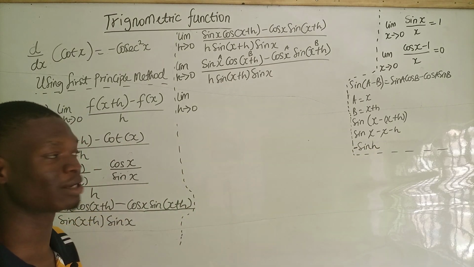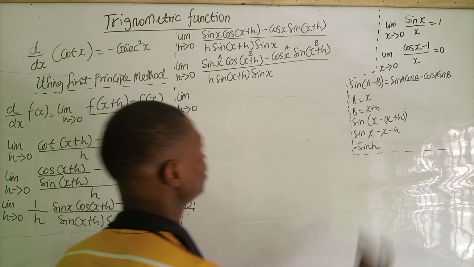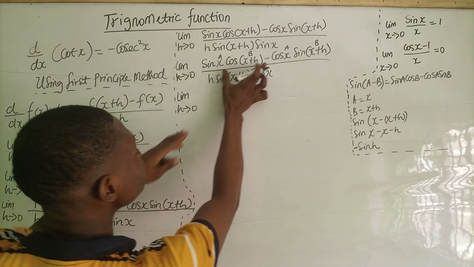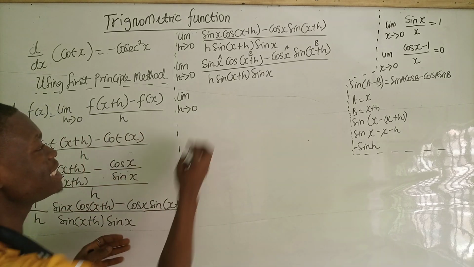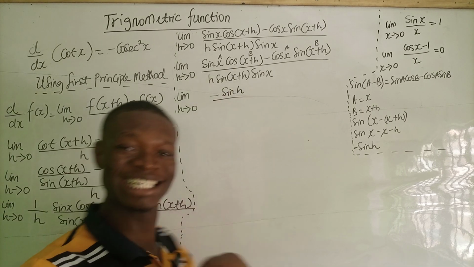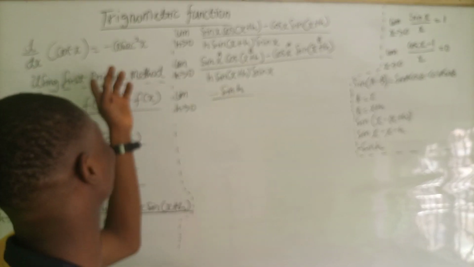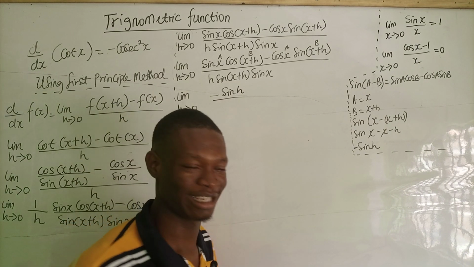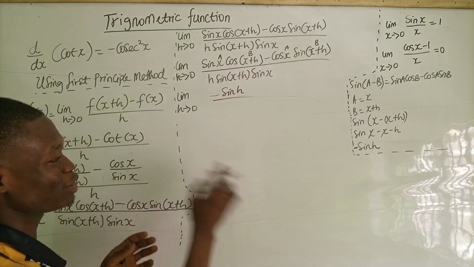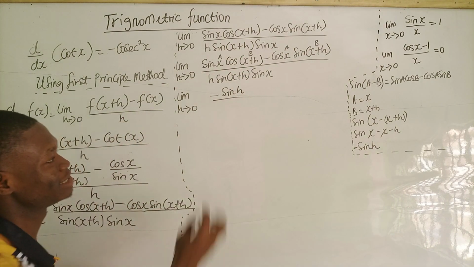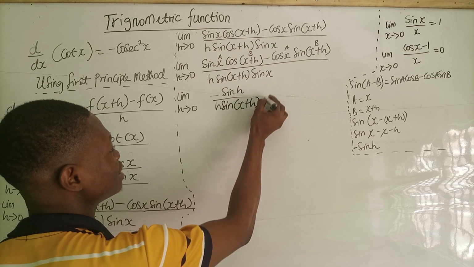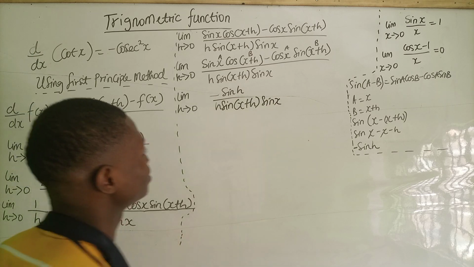So all these things, can we write it as minus sine h? Do you see the trick? That's why I told you that this cut is the simplest. So we can just take all this expression as minus sine h all over h sine x plus h sine x.